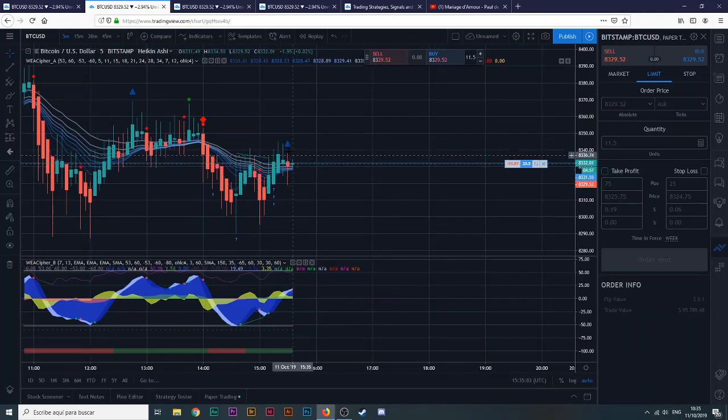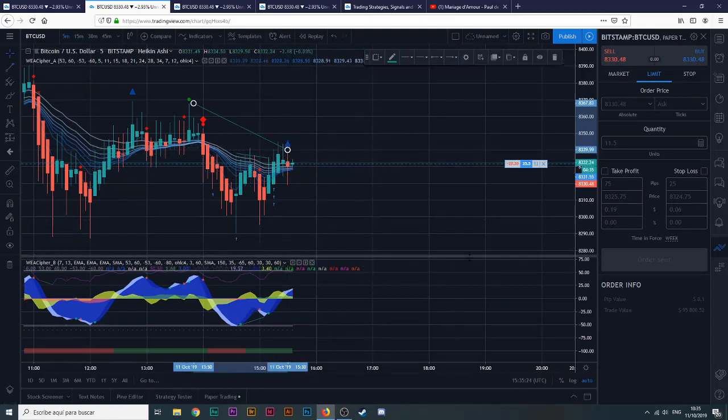And we just got the blue triangle, which means a reversal of the previous trend. If we look at the previous trend from here to here, it's down. So the blue triangle indicates a trend reversal.